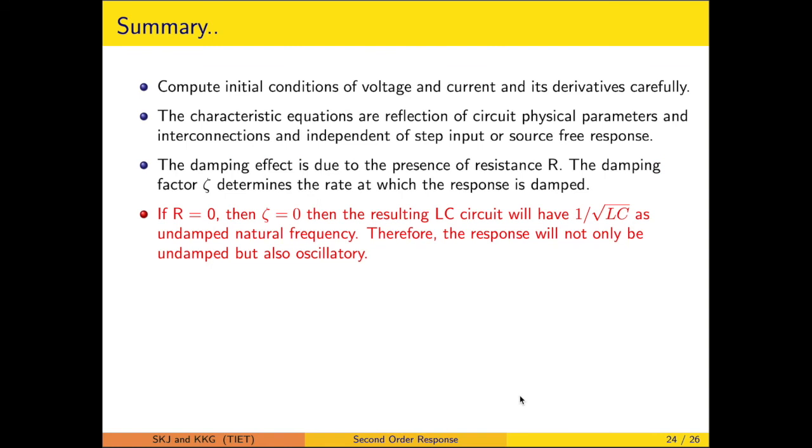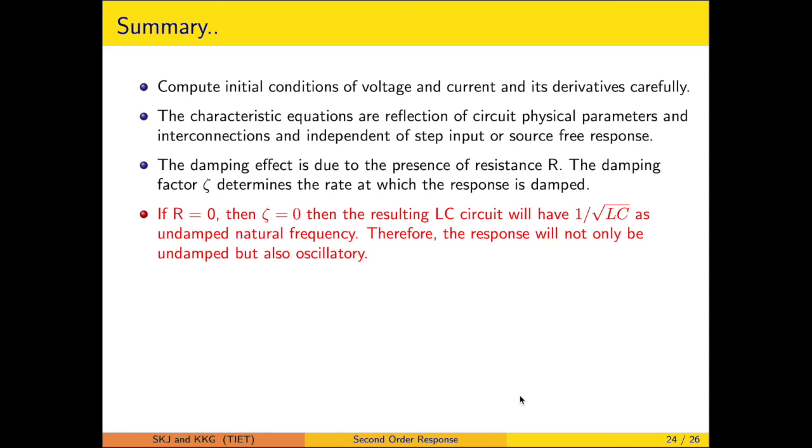When the damping coefficient value is small, the rate of decrease is also smaller. When the value of the resistance is 0, that is the case of undamped response, and correspondingly the zeta value will be 0. It results in a purely LC circuit, where the natural frequency of oscillation will be exactly equal to the undamped natural frequency, 1 upon root LC.